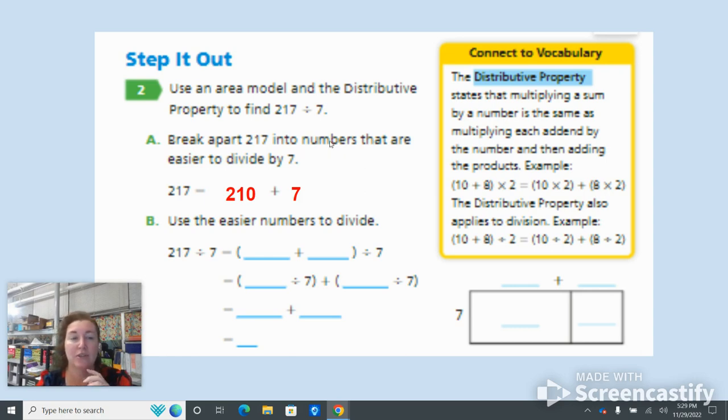But I really had to underline the first 2 digits of this number and have kids look at a list of multiples of 7 and realize, hey, 21 is a multiple of 7. And I know how to do 21 divided by 7, so I'm going to know how to do 210 divided by 7. That took some thought on their part to be able to figure out how to break that apart.